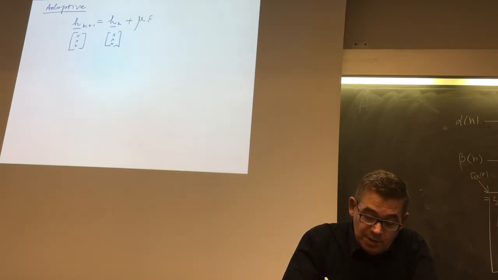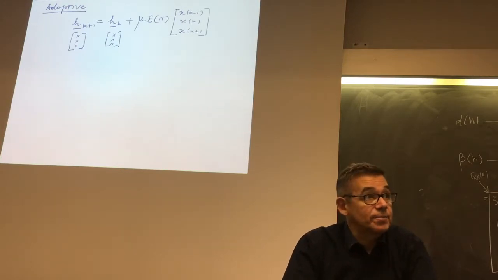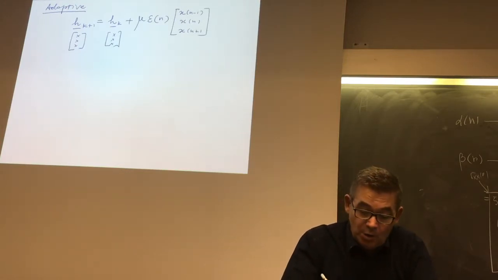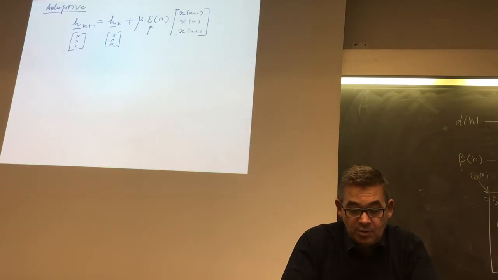Then here I put the error, epsilon n, and here I put the 3 inputs. So I need to put x n minus 1, x n, x n plus 1. That's the update form. That's it. Where the error is the error for the estimation of alpha. So the adaptive formula is nothing more than that.